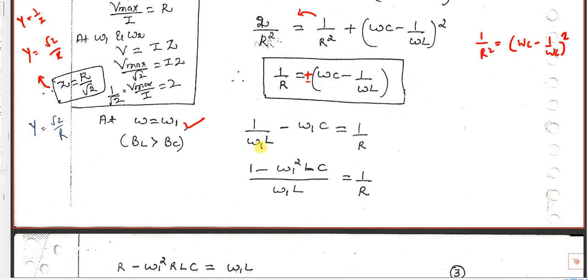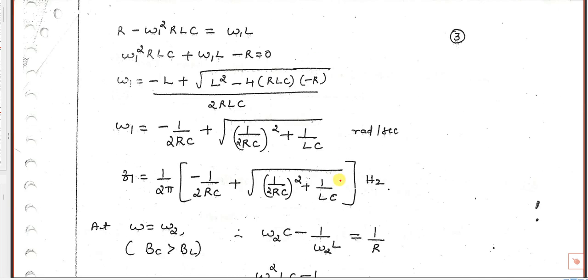So omega 1 C minus 1 by omega 1 L is equal to 1 by R. Taking LCM, 1 minus omega 1 square LC over omega 1 L is equal to 1 by R. To simplify this, we will get a quadratic equation with A value RLC, B value omega 1, and C value minus R.